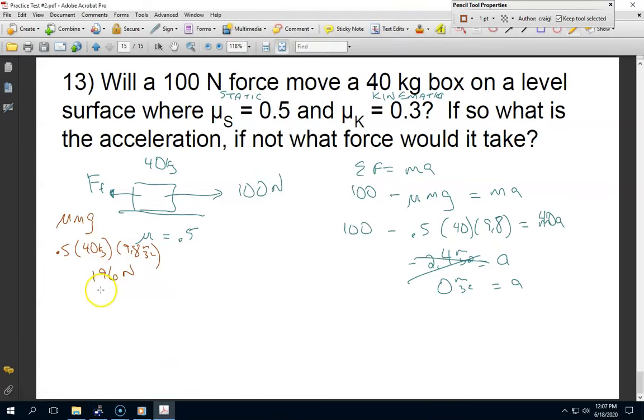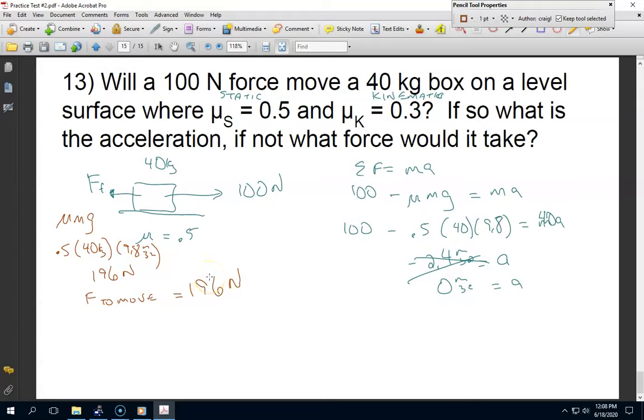My friction can fight me all the way up to 196 newtons, so clearly 100 newtons is not going to do the job. I need to overcome that. The force to move it would be equal to 196 newtons.